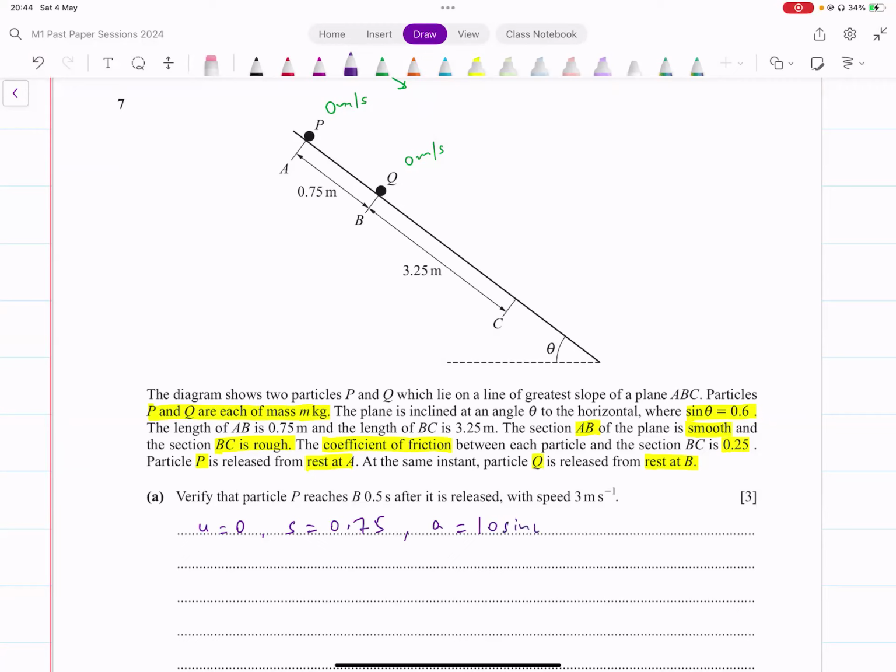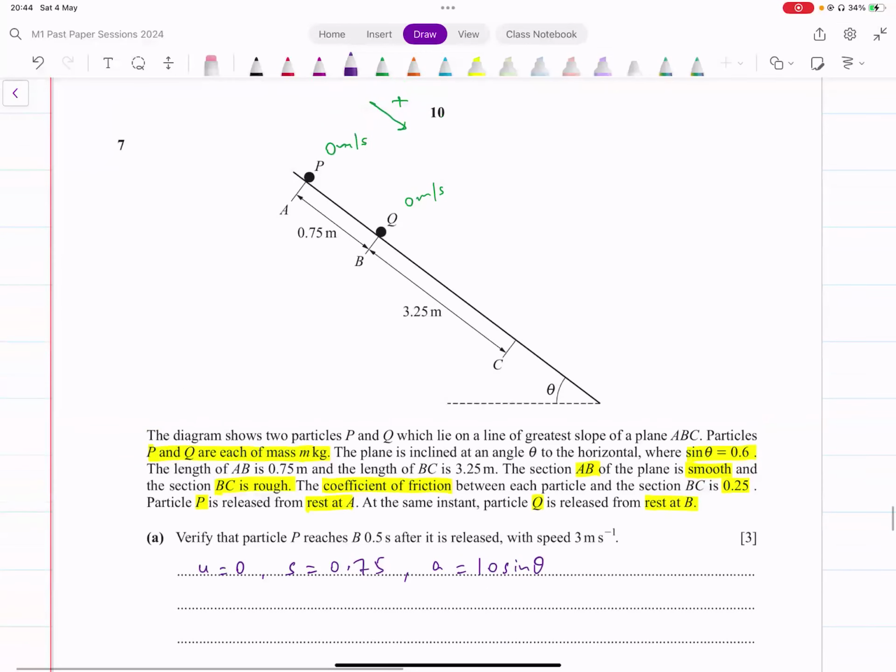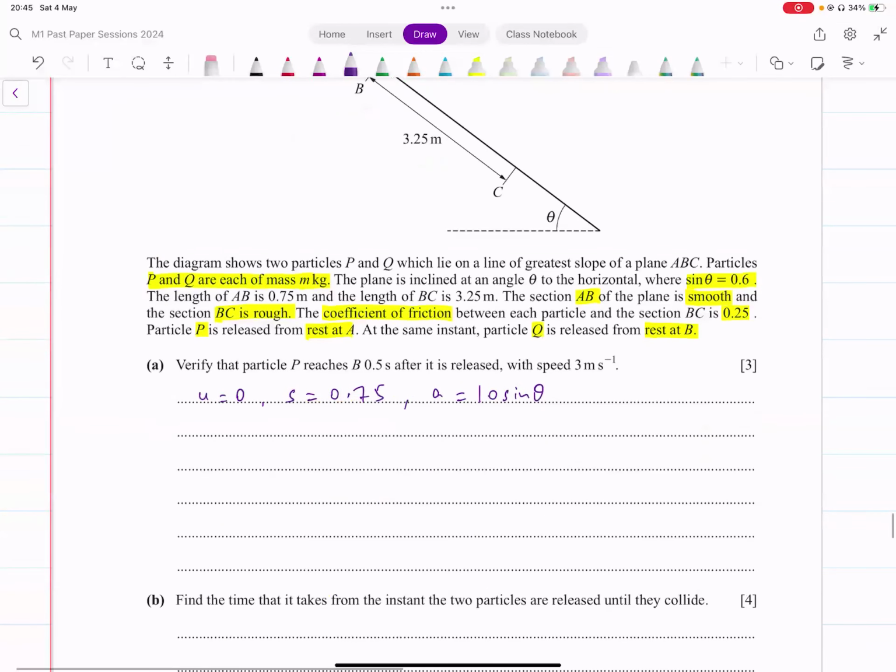Whenever it's a smooth surface and weight is the only force acting, acceleration is given by 10 sine theta. Since we are taking downward direction as positive, its acceleration is also going to be positive. 10 into sine theta, and sine theta is 0.6, so the value of acceleration is 6. Why? Because it was a smooth surface and weight was the only force acting.